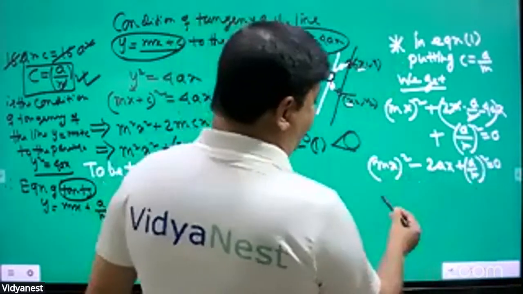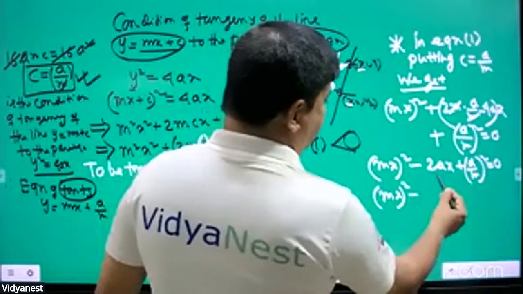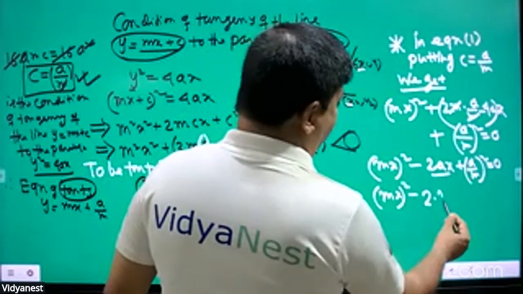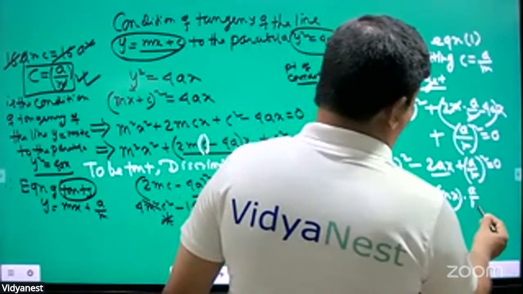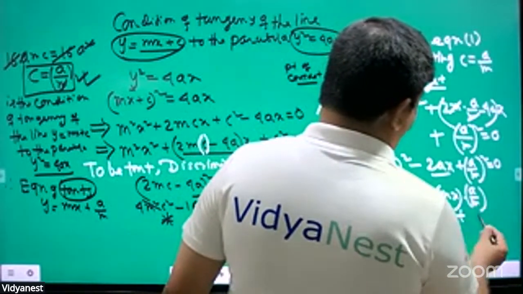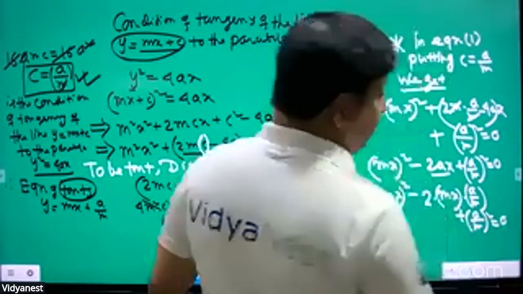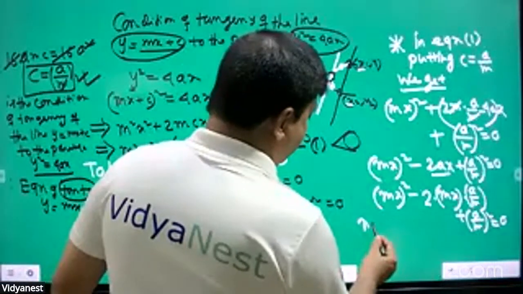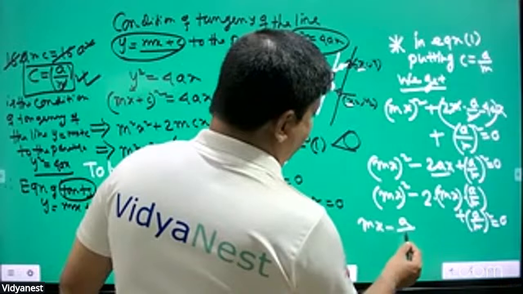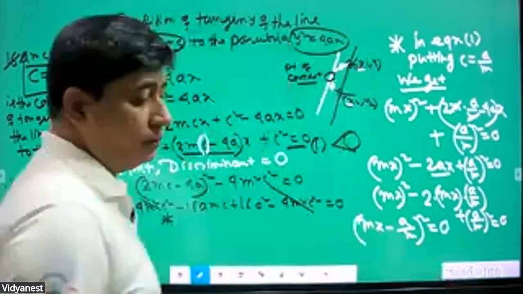If you write it in proper manner, instead of 2x, if you write 2mx into a by m plus (a by m) whole square, it will remind you of (mx minus a by m) whole square is equal to 0.